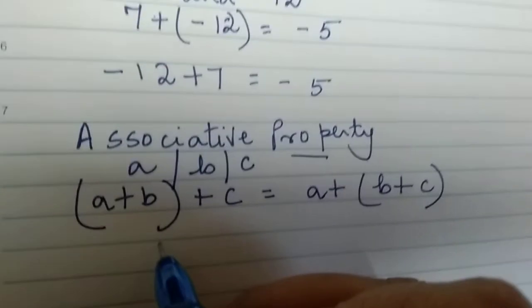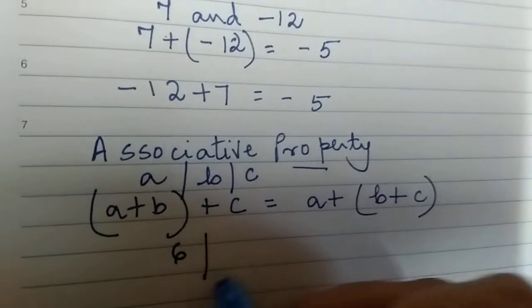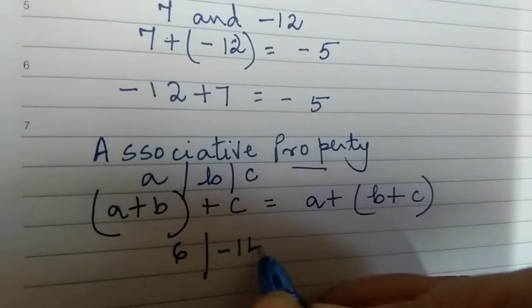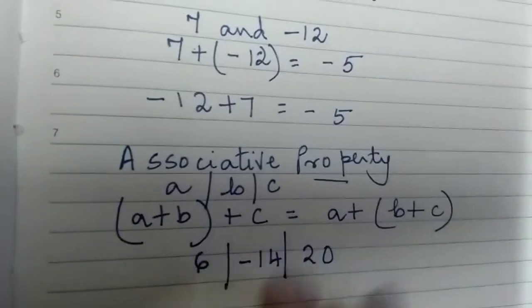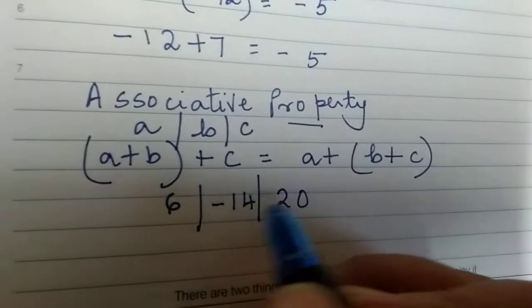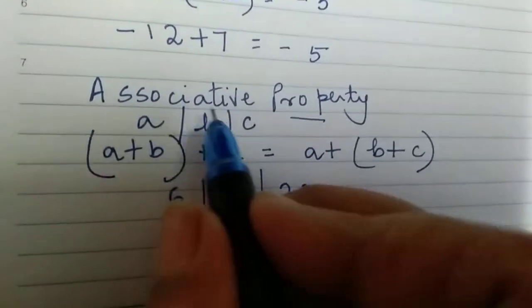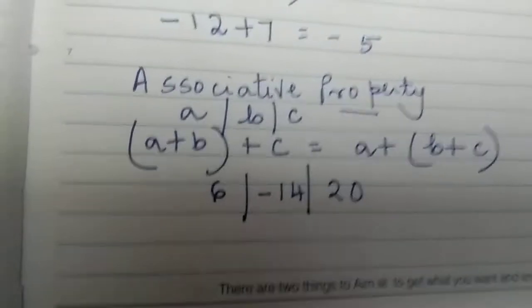I can take any three integers. I can take 6, minus 14, 20. Let these be my three integers. You can take anything, any values to check whether the associative property holds good or not.